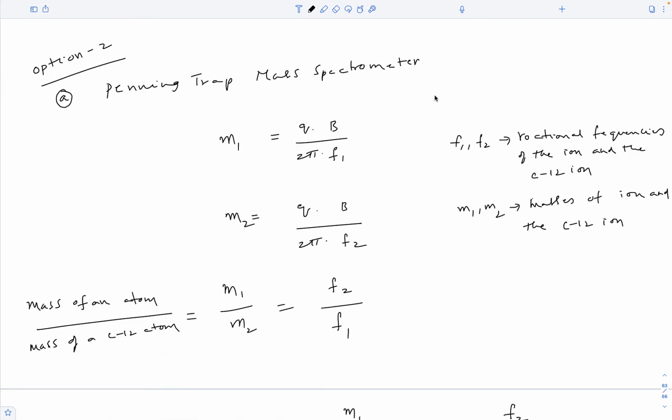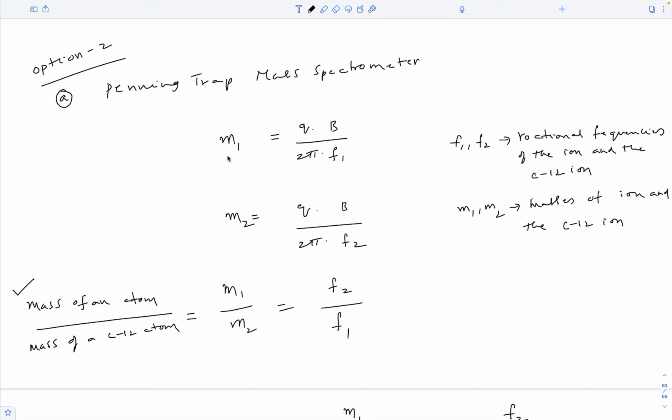Now the second option, using the same Penning trap mass spectrometer, we can determine the ratio between the mass of an atom and the mass of a C12 atom with tremendous accuracy. How? You just told us that we cannot determine the mass of any atom with great accuracy because we cannot measure the strength of the magnetic field to a high degree of accuracy.